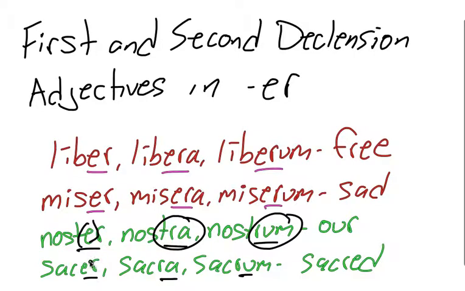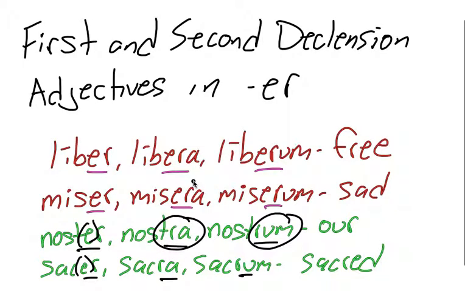So when you decline the rest of these adjectives, you decline them without the E. The only way to know the difference is to memorize the vocabulary entry. That's really important that you do that.